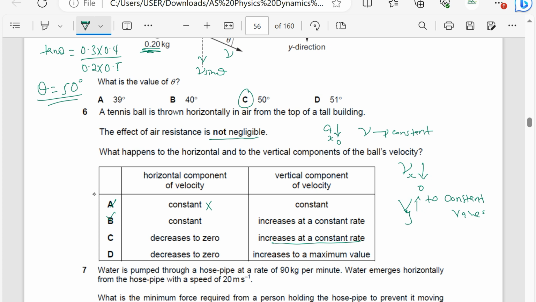The velocity increases at a decreasing rate because the acceleration decreases, so the answer is going to be D. The rate at which the velocity increases becomes smaller until the rate becomes 0, so the velocity becomes constant. So it increases to a maximum value, which we are going to call the terminal velocity. If you were to sketch the graph for vertical velocity, it will be like that.